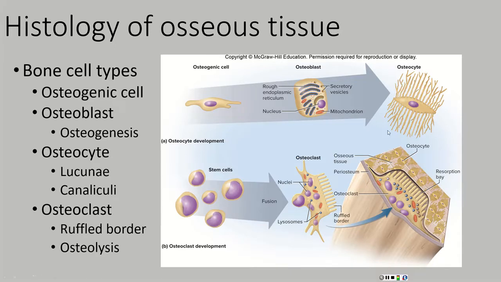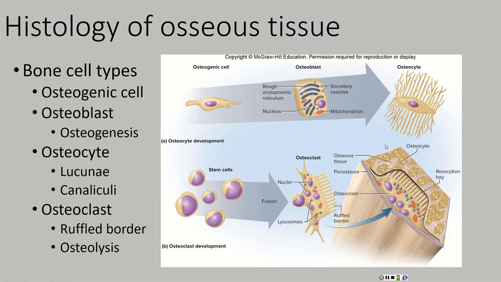Now in bone, the osteocyte sits in the lacuna, but it actually has some small extensions of its cytoplasm that reach out. And the nearby osteocytes also reaching out, those extensions of the cytoplasm will actually connect with each other.